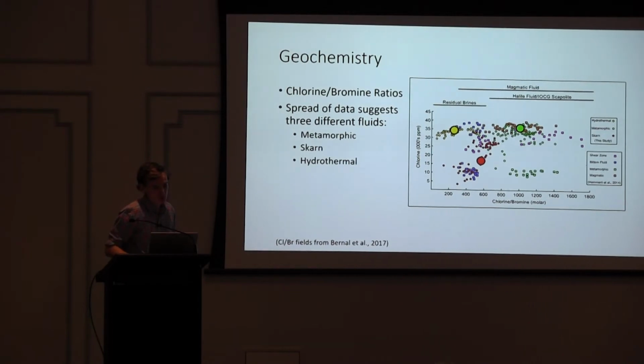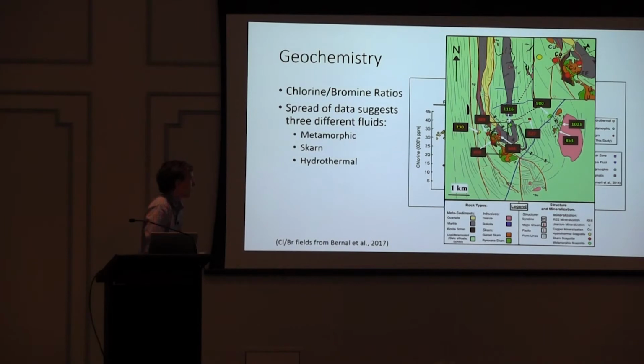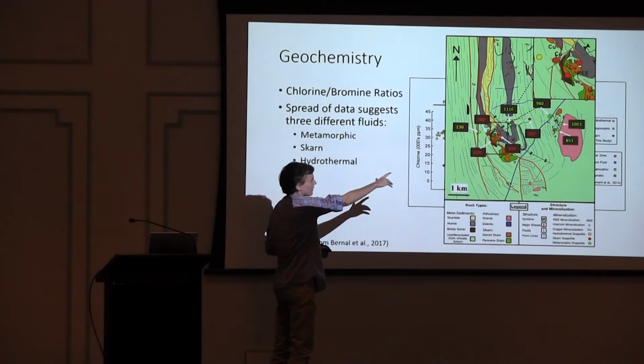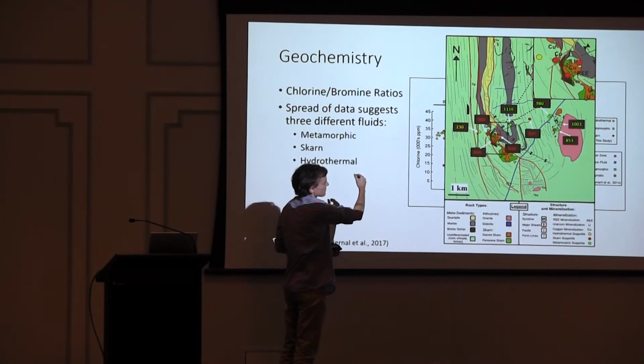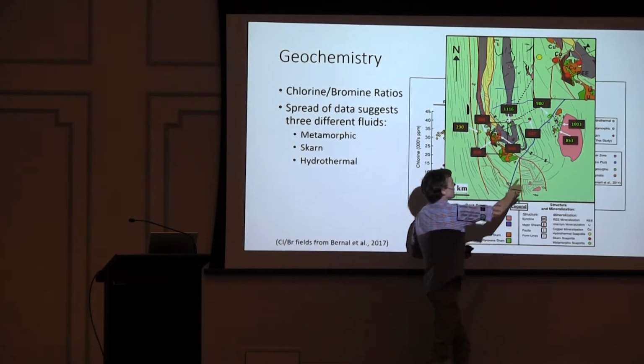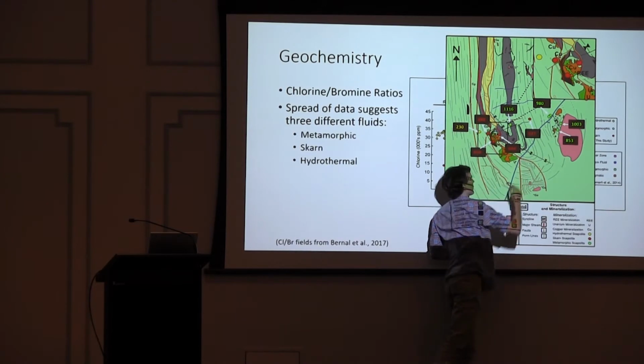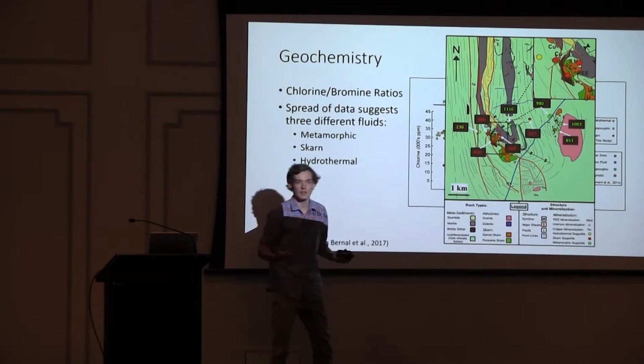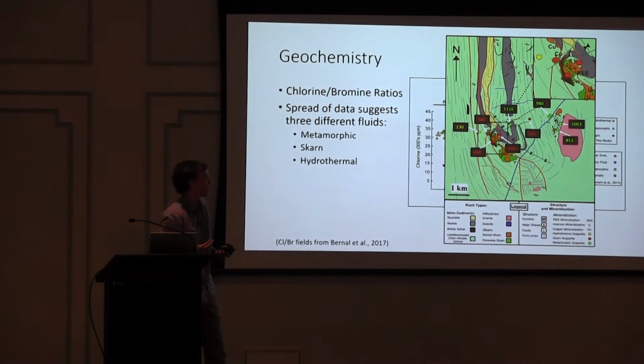However, if you plot the chlorine-bromine data on a map, I think that's the array of average chlorine-bromine at each site. I believe that if those signatures were magmatic, for example, towards the Burstal granite moving to the west, you would expect to see some sort of distinction between these samples here, for example, and those samples up there, but you don't really see any change in the chemistry.